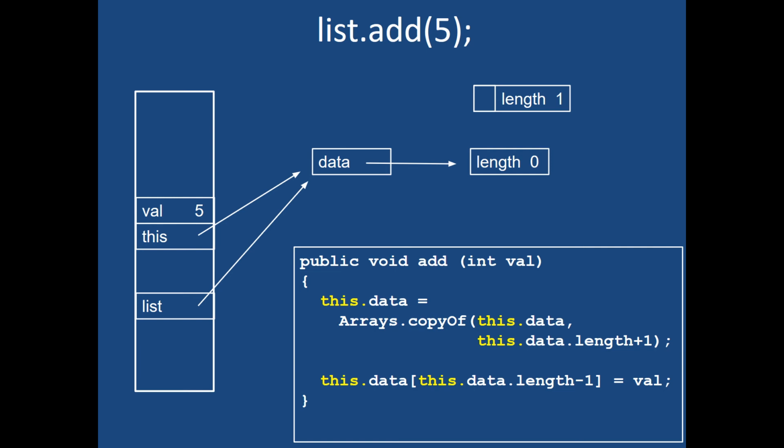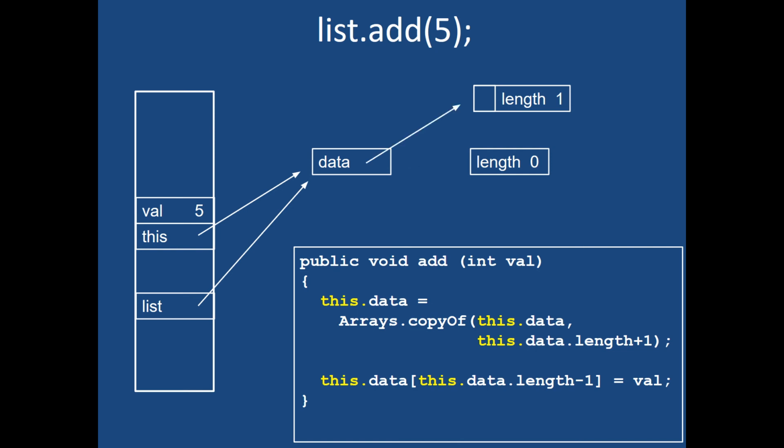So it creates a copy that's one bigger, and then it says that copy becomes the new value of data. So how do we make that copy become the new value of that data field in the object? How should our picture change? Point to the new one.